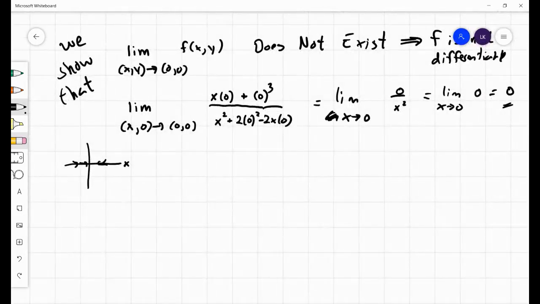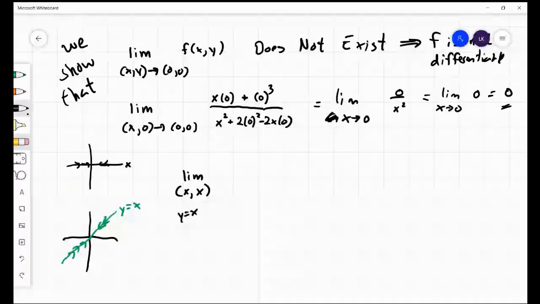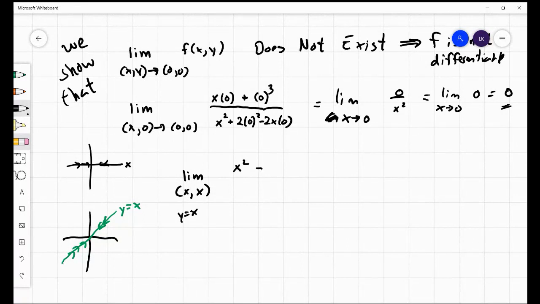On the other hand, if we approach the origin along a line like y equals x, so now we're going to let y equal x. In the definition, I'm just going to replace y with x. So y cubed becomes x cubed. You get x squared plus 2y squared minus.